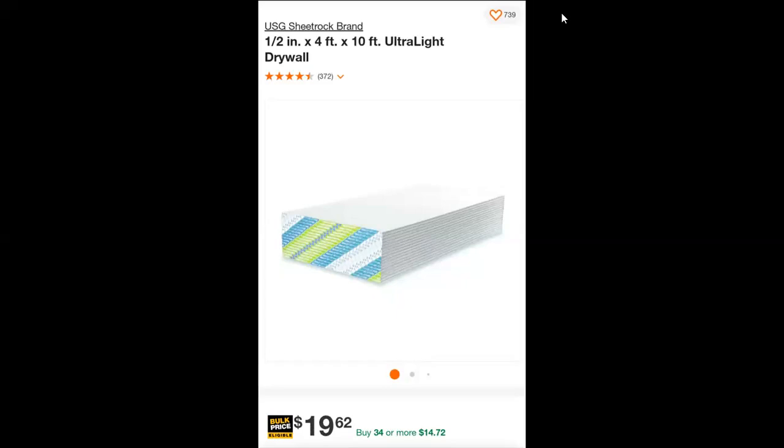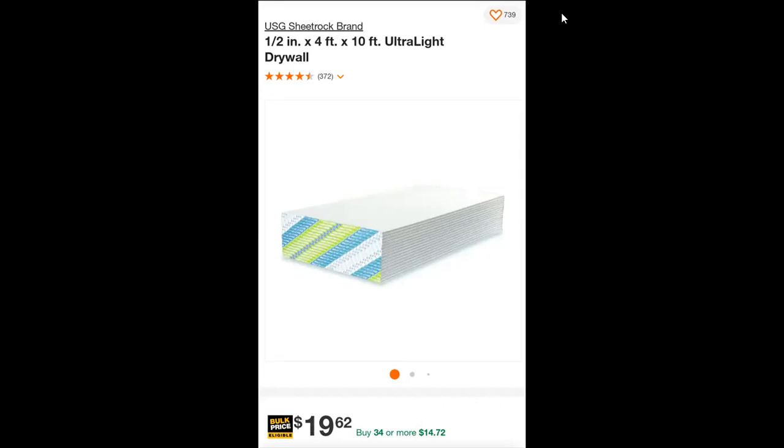Now, the way this is priced, and you can see it says bulk price eligible at the bottom. It costs $19.62 a piece, but if you buy it in bulk, you can buy 34 or more for $14.72 a piece. So let's just round to make it easier.